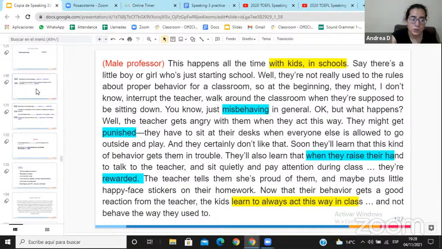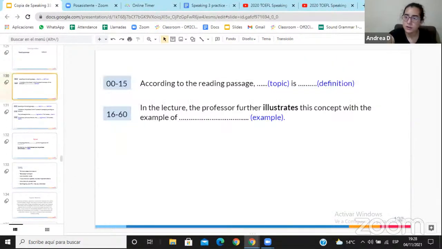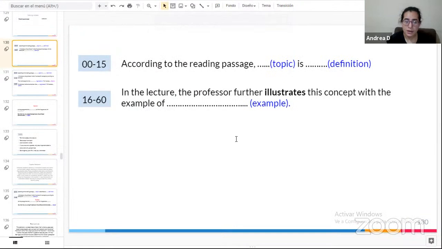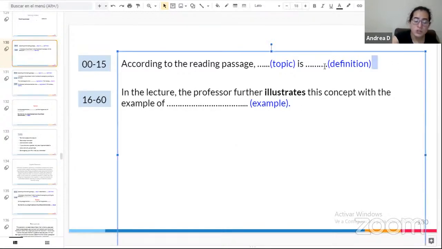So what you guys will do in your response is that first thing, remember that the listening is always way more important than the reading, which is why you need to spend more time summarizing the lecture than you do with the reading, okay? So the listening is more important. What you need to have is first thing, a short intro.